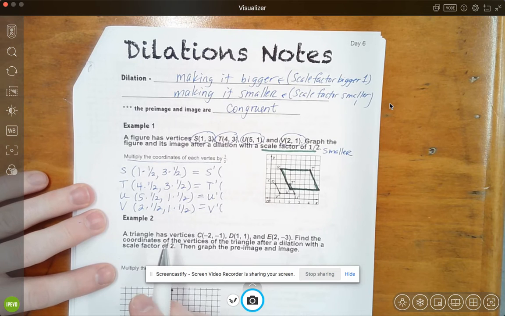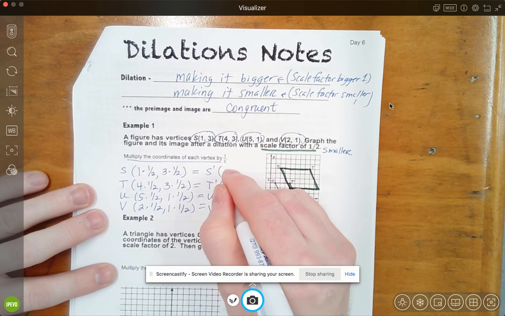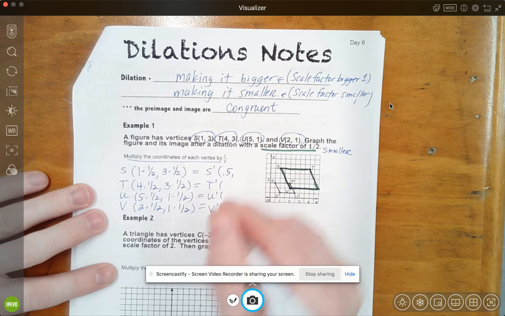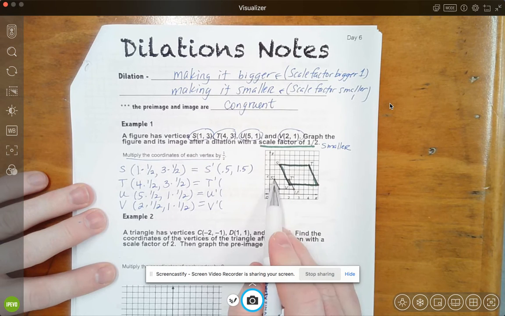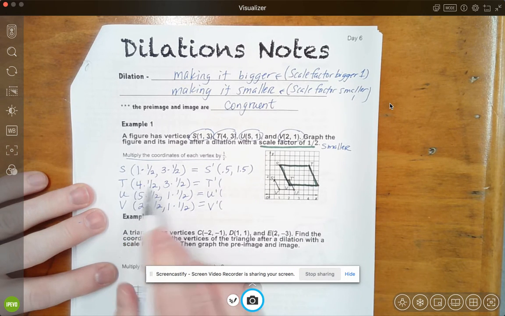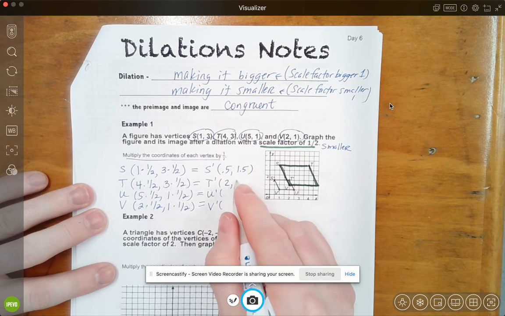Okay, so 1 times 1/2 is 0.5. 3 times 1/2 is 1.5. So there's my new point right there. My next one here is 4 times 1/2, which is 2. 3 times 1/2, which is 1.5. And so I have my new point T there.